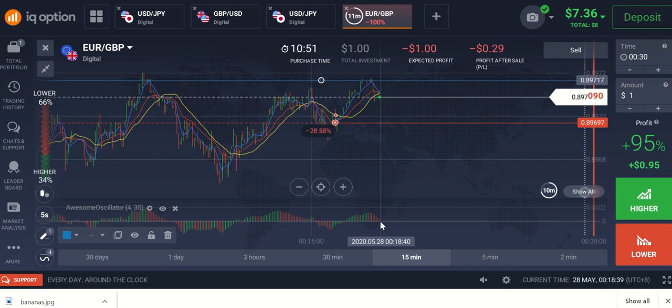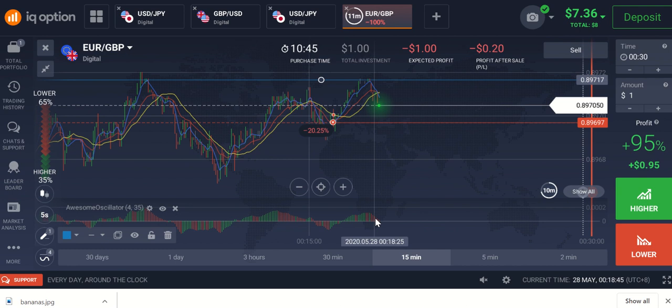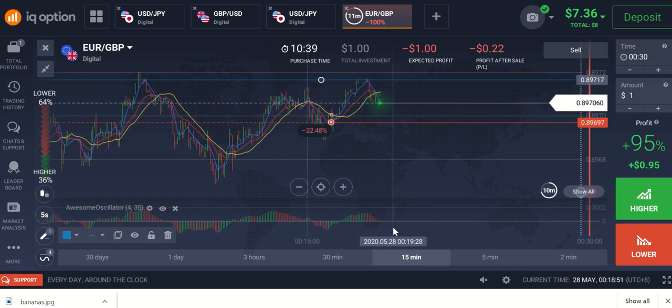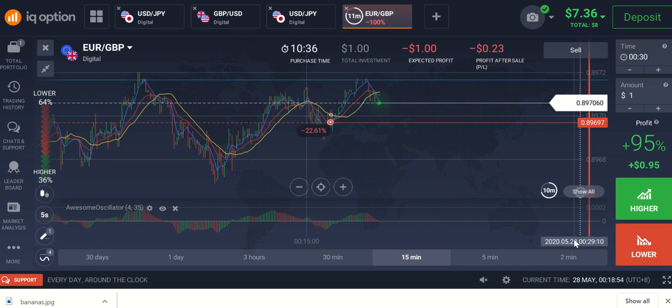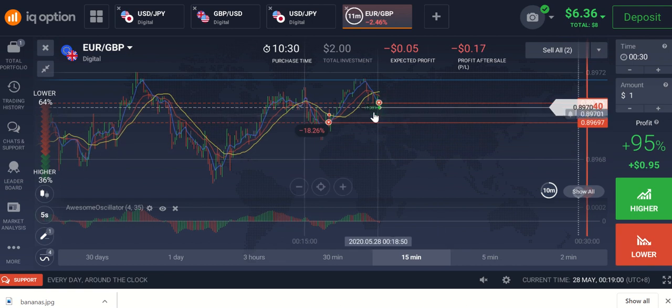Let's see if it moves down here, because even if it's declining already, the oscillator is not yet showing us some lines below the zero level. Let's try this. Okay, I see now. Okay, here, right?